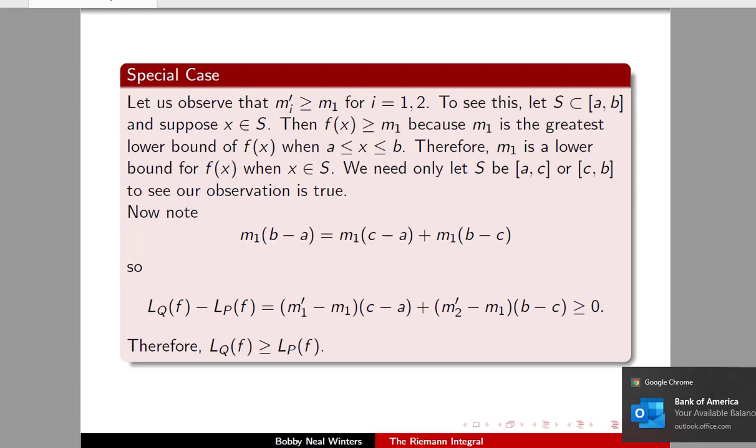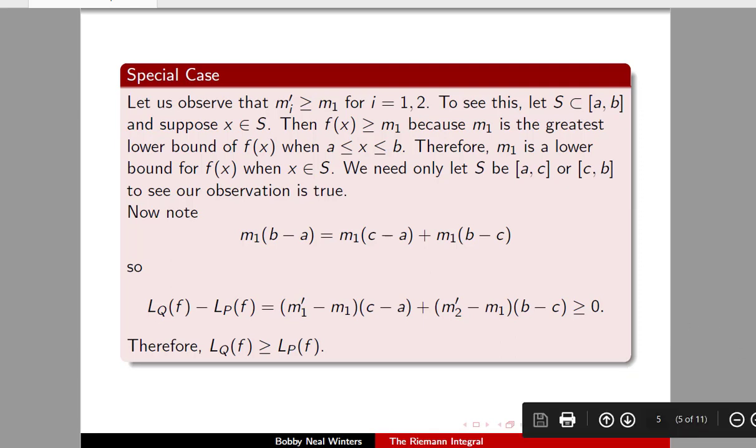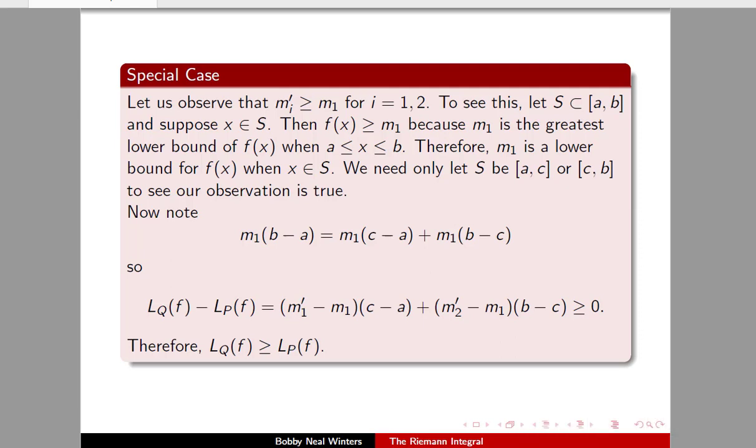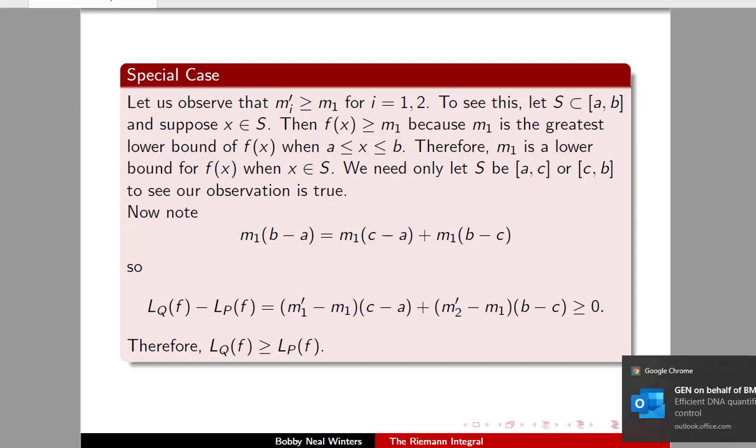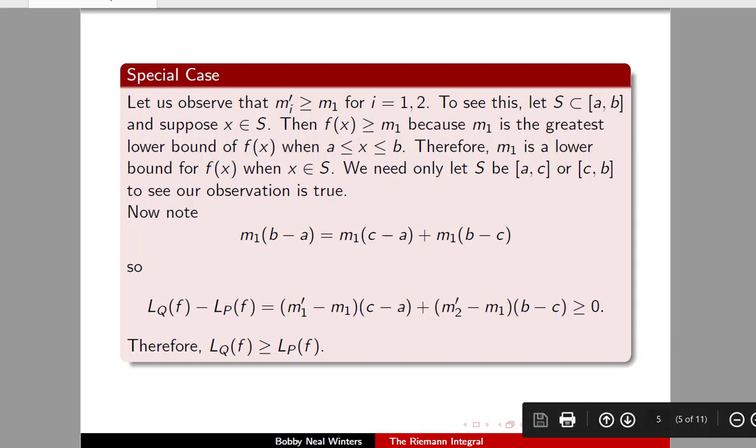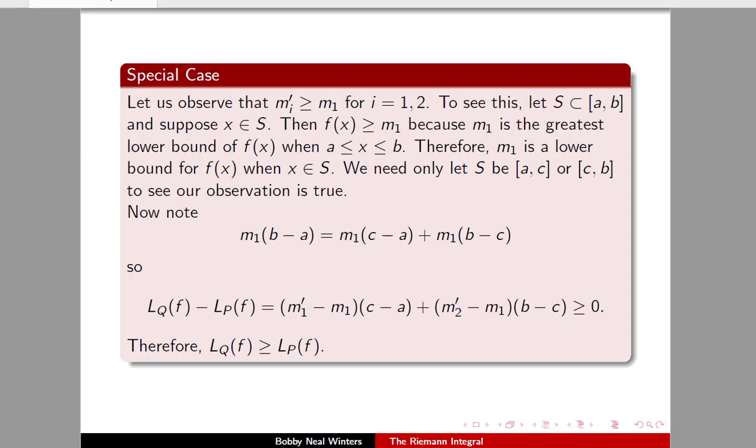Let us observe now that m'_i is greater than or equal to m_1 for i equal to 1 and 2. To see this, let S be a subset of the interval [a, b], and suppose that x is an element of S. Then f(x) is bigger than or equal to m_1 because m_1 is a lower bound.